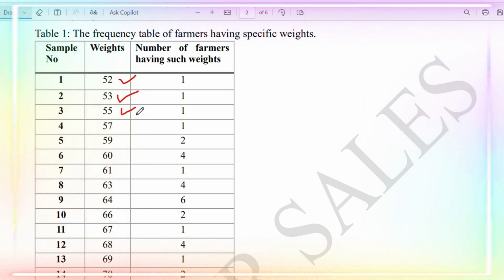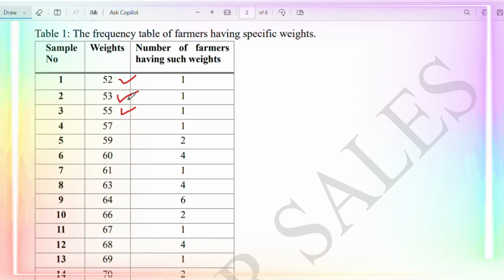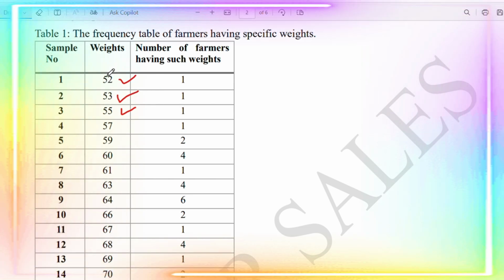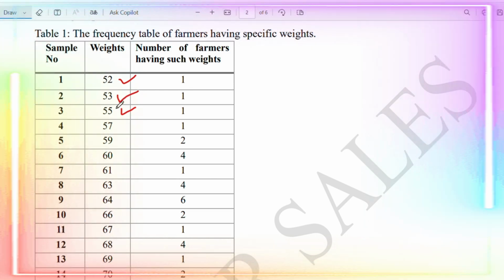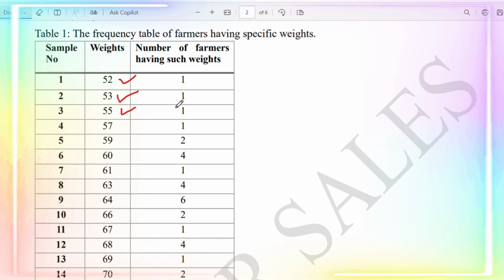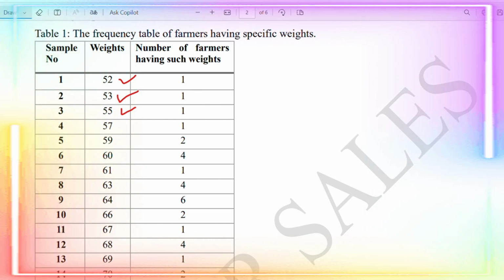There is no 54. So now, how many 52 do we have? We have one. We have 53 appearing once, 55 also appears once there.